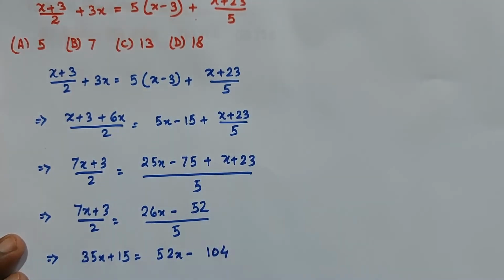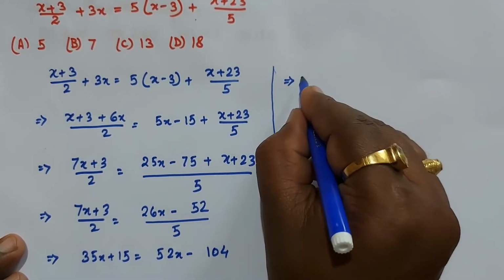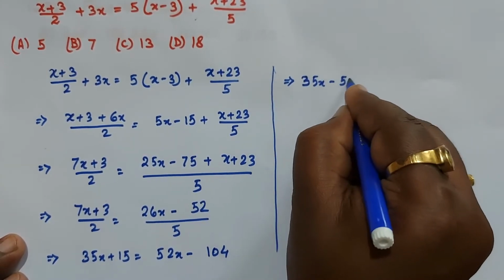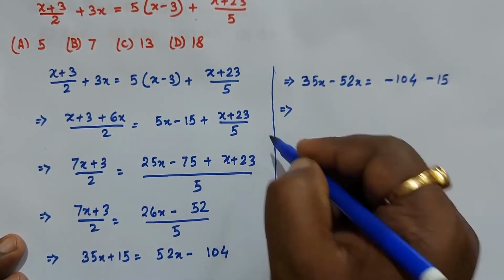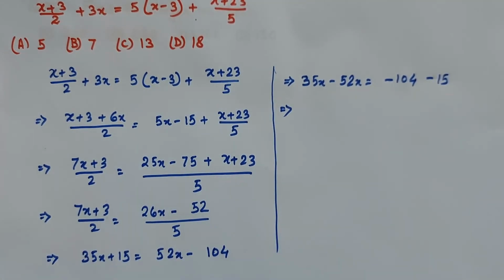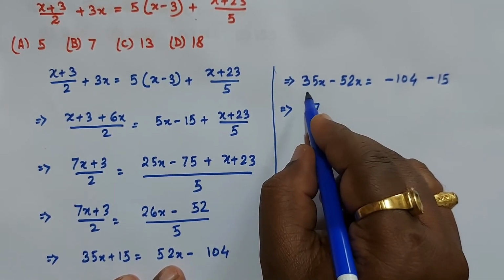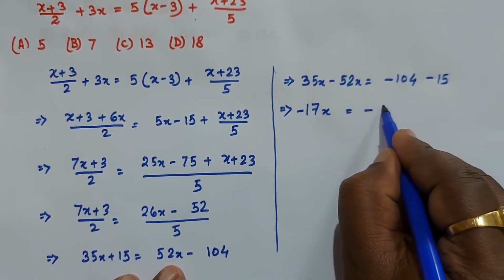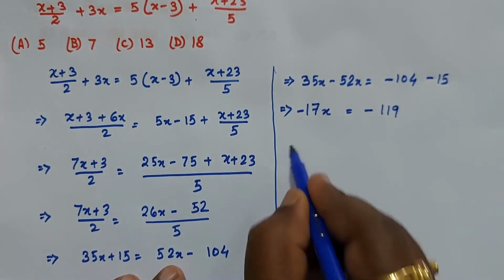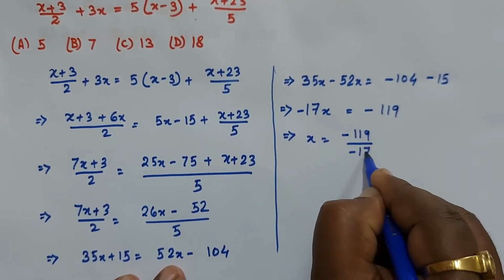Now this equals, or 35x - 52x equals -104 - 15, or 35x and 52x, this is -17x, this equals -119, or x equals -119 divided by -17.